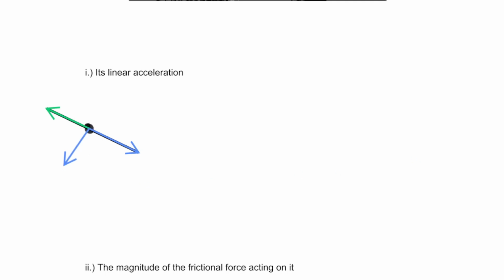So just from our dynamics experience, we know that mg sine theta is the part that pulls down the ramp, and mg cos theta is the part that pulls into the ramp, and therefore the normal force is going to exactly balance the mg cos theta component. That's mg cos theta is the normal force. And then we have some frictional force up the ramp.